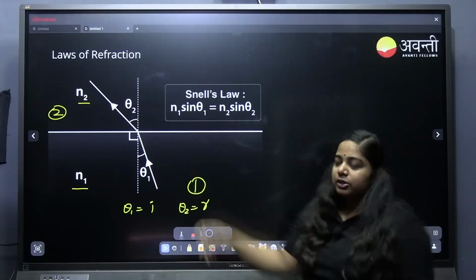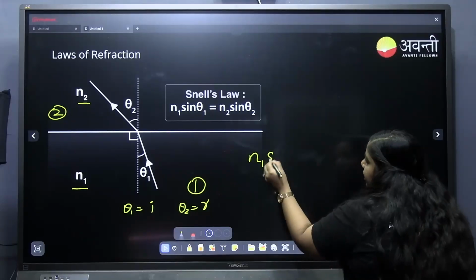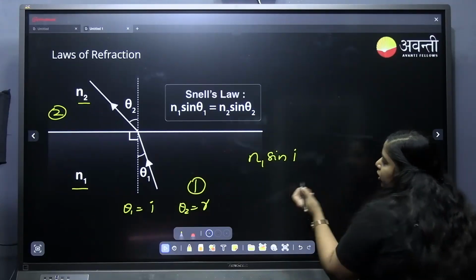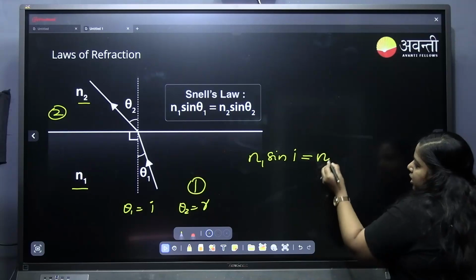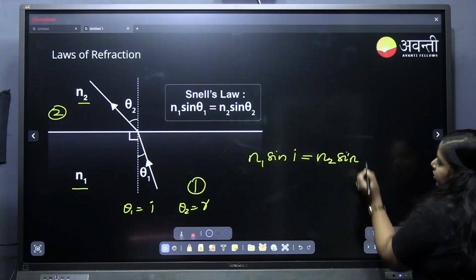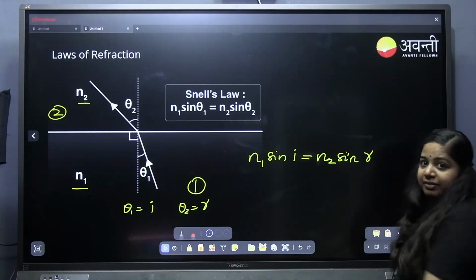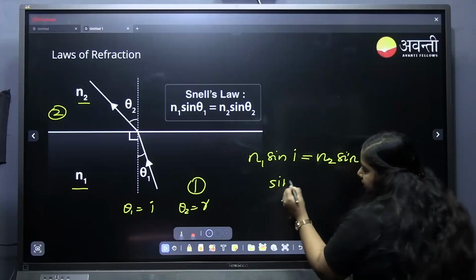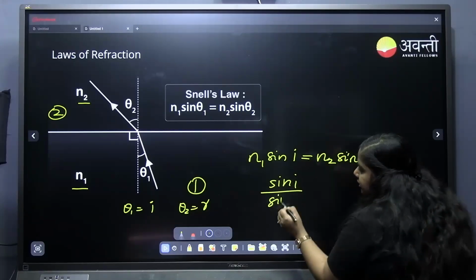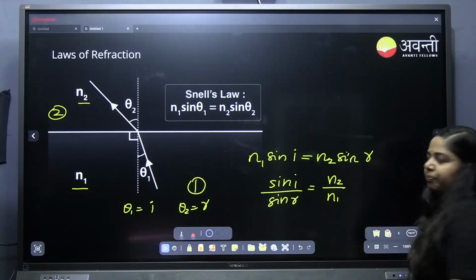Snell's law says that the refractive index of medium 1 times the sine of the incident angle is equal to the refractive index of medium 2 times the sine of the refracted angle, or in simplified way, sin i by sin r equals n2 by n1.